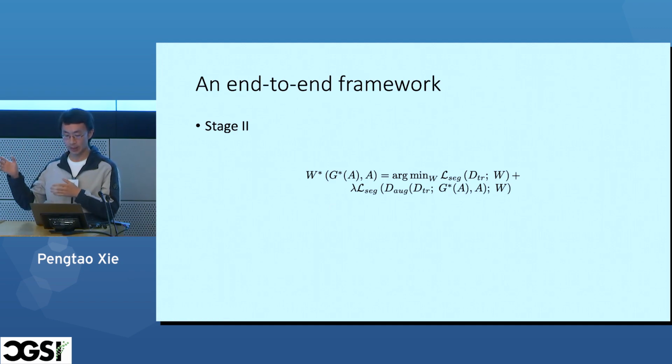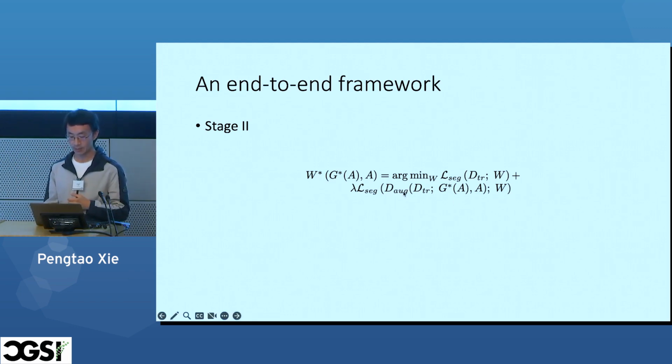Then the input image and also the mask form this augmentation data set denoted by D_AUG. The input is the real data provided by human. We do the augmentation using the generator containing the weights and also the architecture. So this is augmented data set.